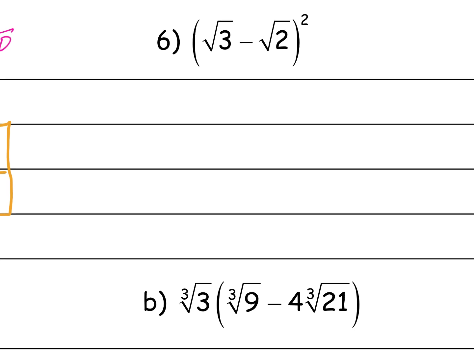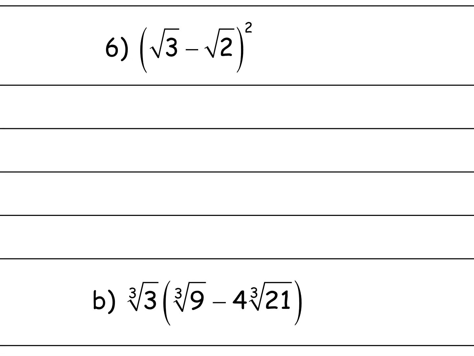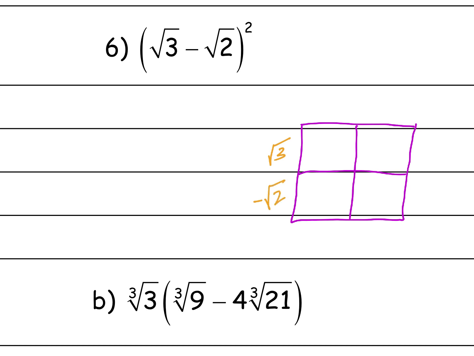And then number 6, I'm just going to do the same way. Because it's my preferred way doesn't mean that you have to do it that way. I just want to put that out there. So I get the square root of 3 minus the square root of 2, and the square root of 3 minus the square root of 2. Okay, so I've got the square root of 9, which gives me 3.